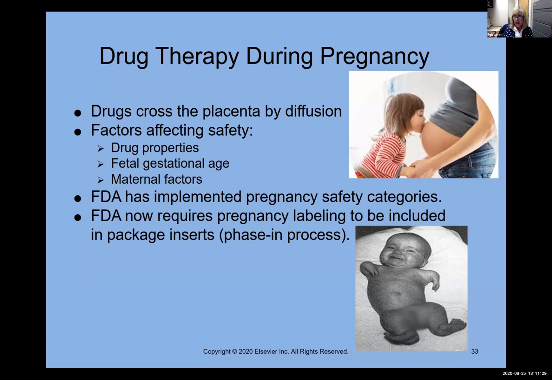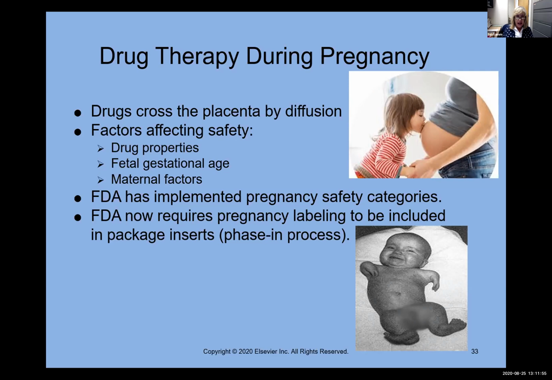Thalidomide was given to women for morning sickness. So they were taking it, and there unfortunately were a lot of babies that were born with flippers for appendages. They took the drug off of the market, thankfully, but actually the drug has come back on the market, and it's used to treat leprosy and several other skin conditions.